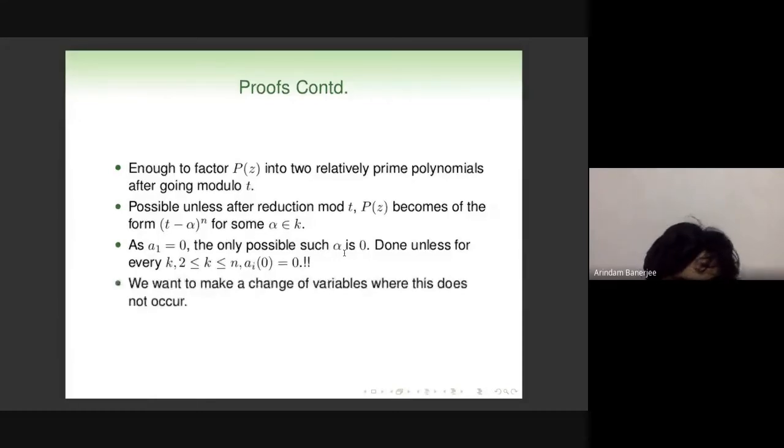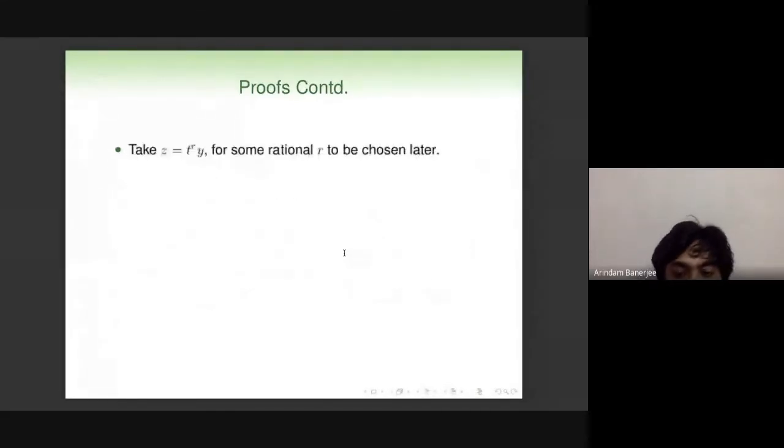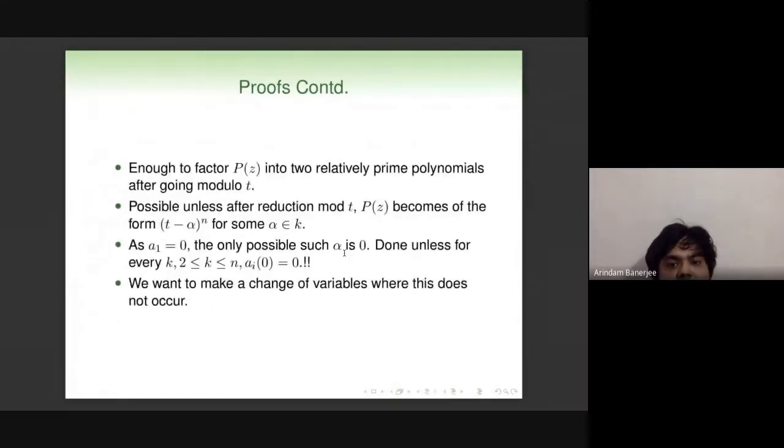And basically what we do, we just make a change of variable where this thing doesn't occur. Oh, sorry. Any question for these first two slides? Okay.